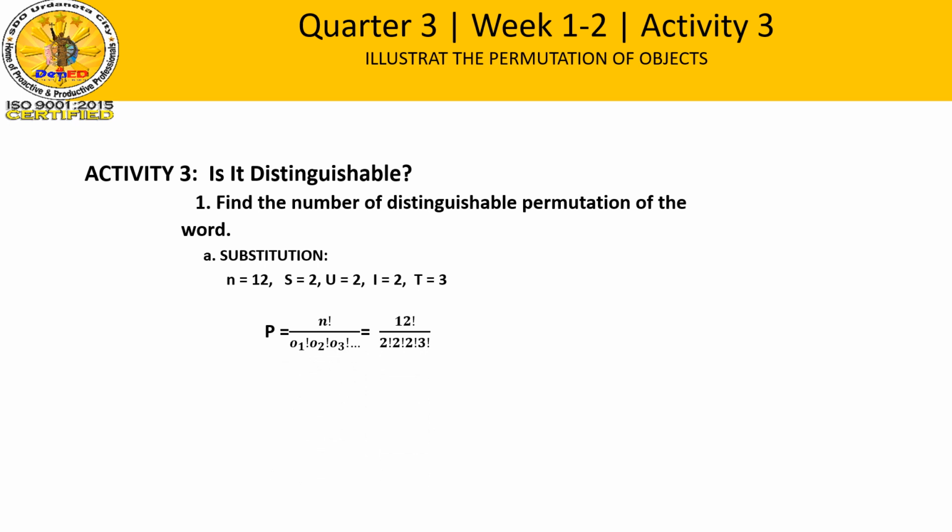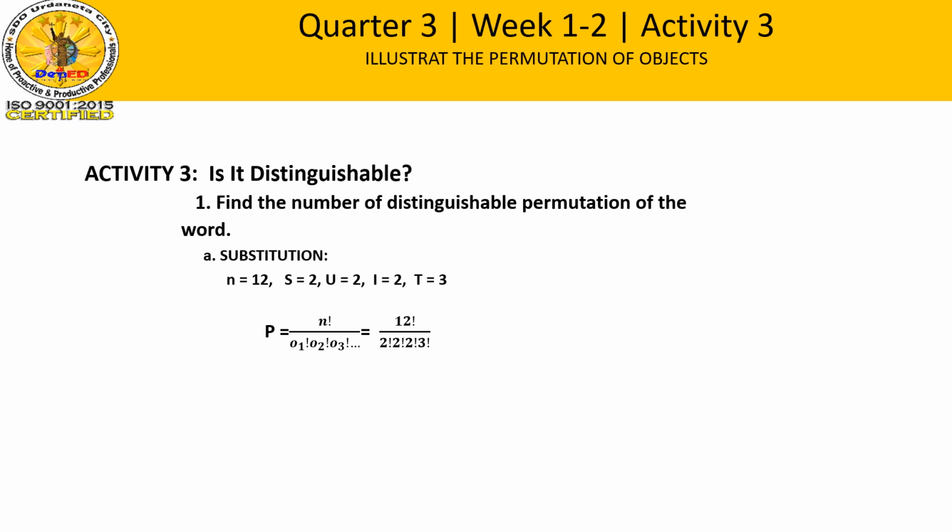So we are using the permutation of n objects is equal to n factorial over o sub 1 factorial, o sub 2 factorial, o sub 3 factorial, and so on.